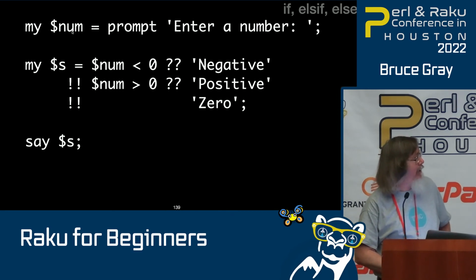So I ask about the number, and if it's less than 0, then I have the value negative. Otherwise, now, okay, this whole thing from here on evaluates. So otherwise, well, what about if this is greater than 0, that is triggering on this part, then it's positive, otherwise it's 0.